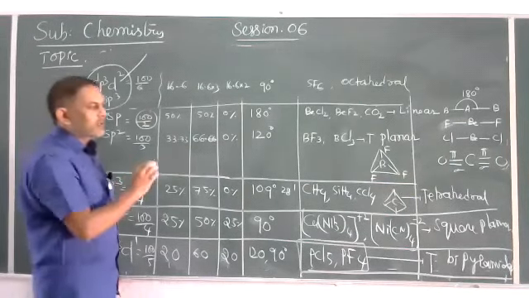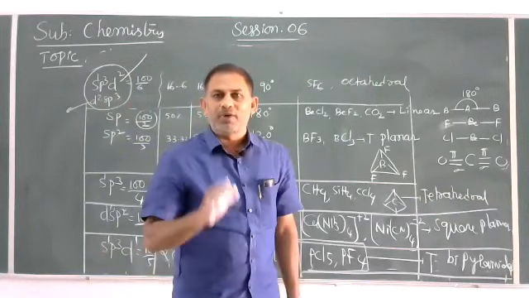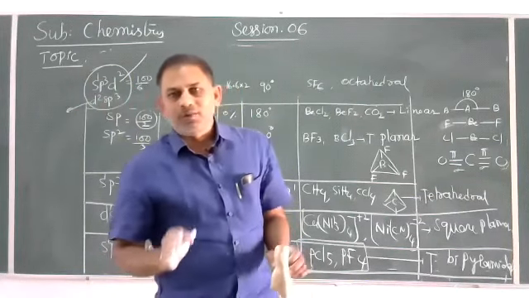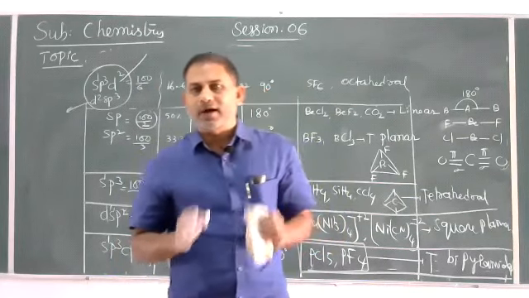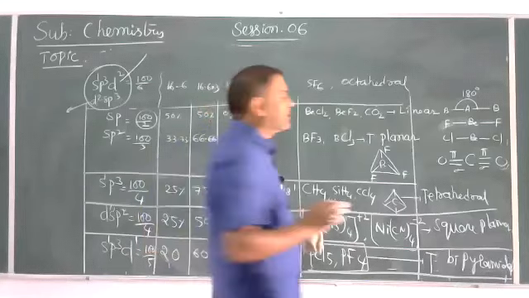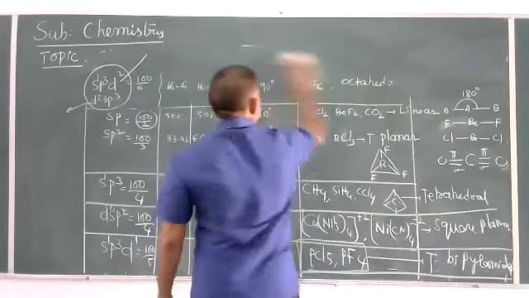So on the basis of this table, by using one simple shortcut we can find the hybridization for a neutral molecule or any ion, positive or negative. That is one of the most important shortcuts.